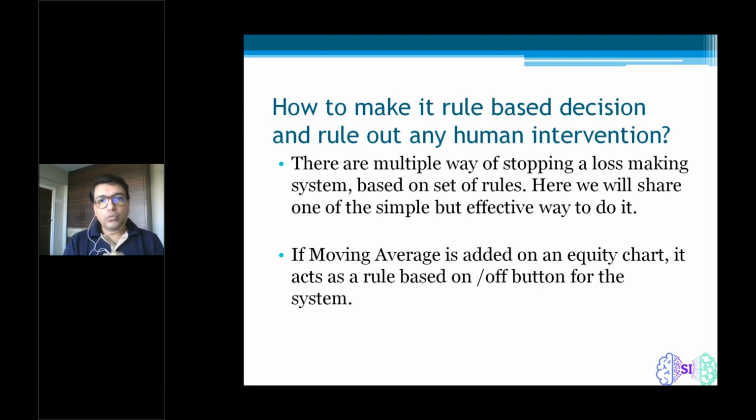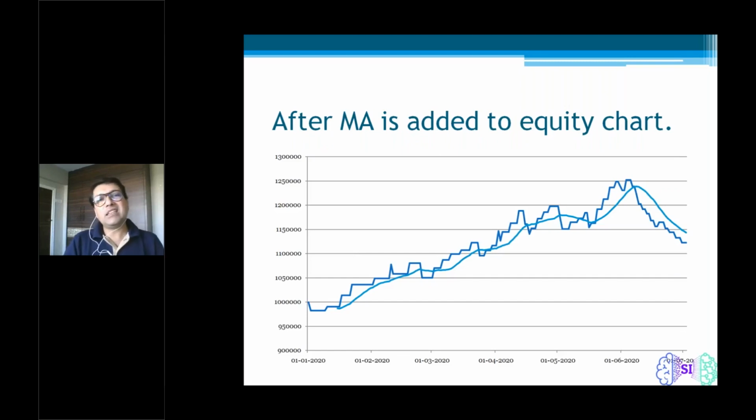This is one of the examples that we are giving, but you can come up with multiple ways of your own, looking at your own system, wherein you can have an on-off button on the system. Once we have this, let us look at the same equity chart we saw earlier.